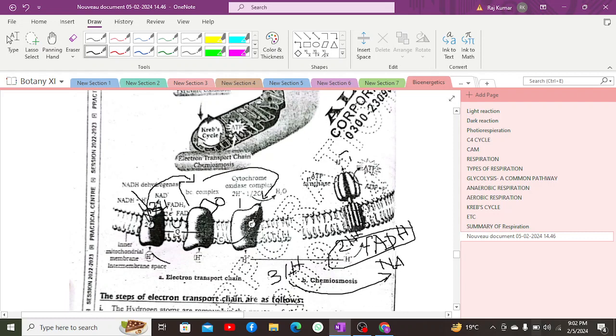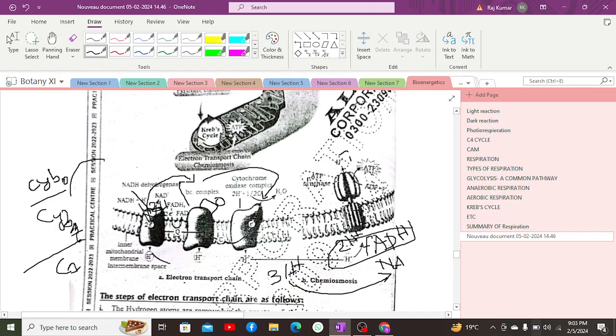And on the other hand, one more thing: the cytochrome reductase complex is further composed of cytochrome B1, cytochrome B2, cytochrome B naught, and cytochrome C1 complex.